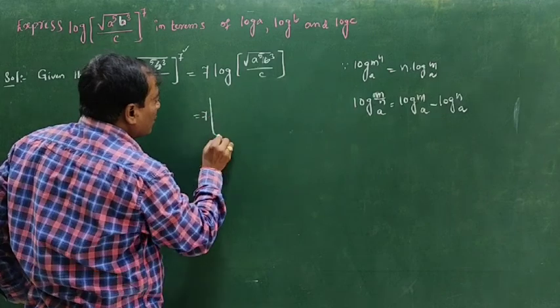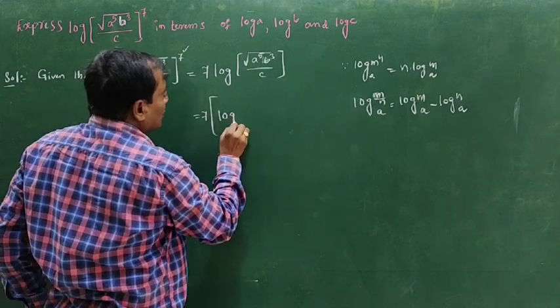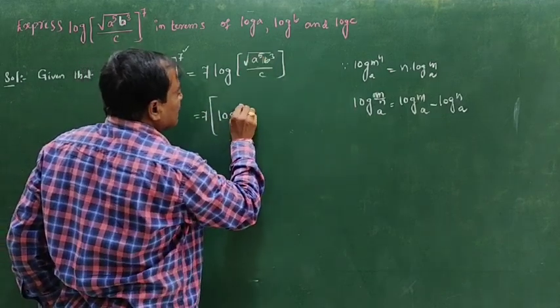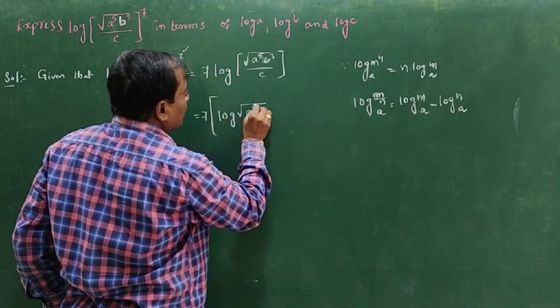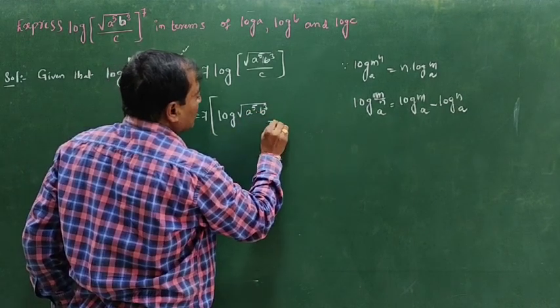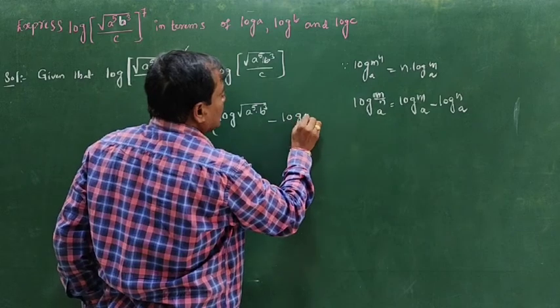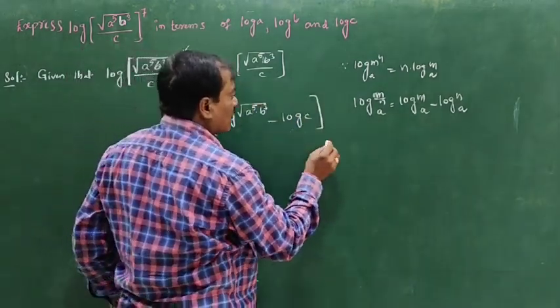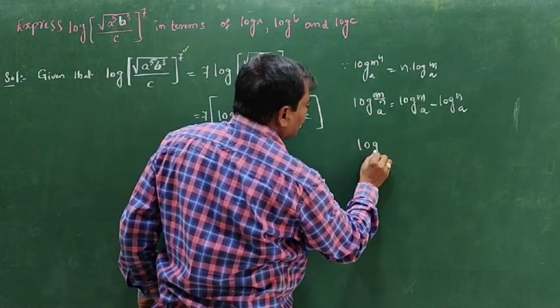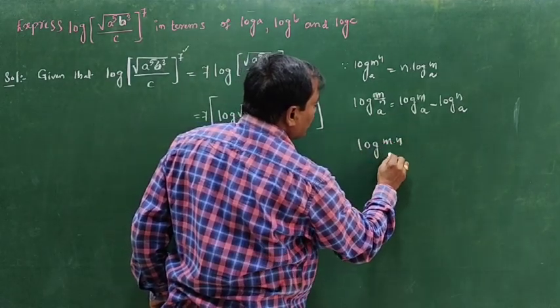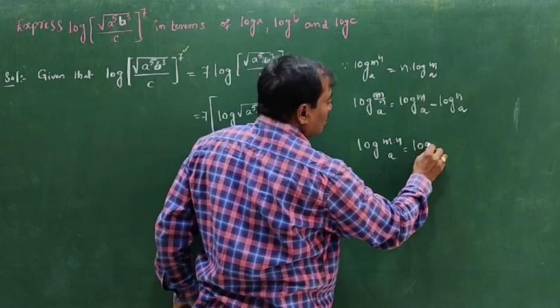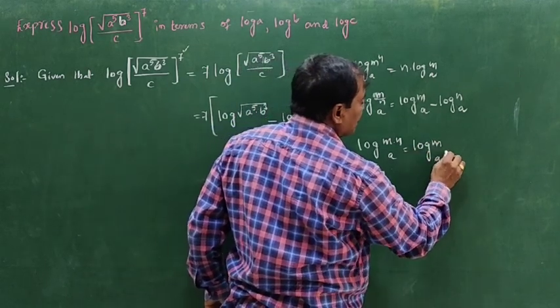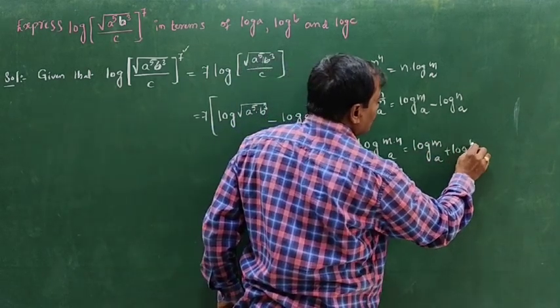So 7 times log of the square root of a to the power of 5 b to the power of 3, minus log c. Next, log of m into n to the base a is equal to log m to the base a plus log n to the base a.